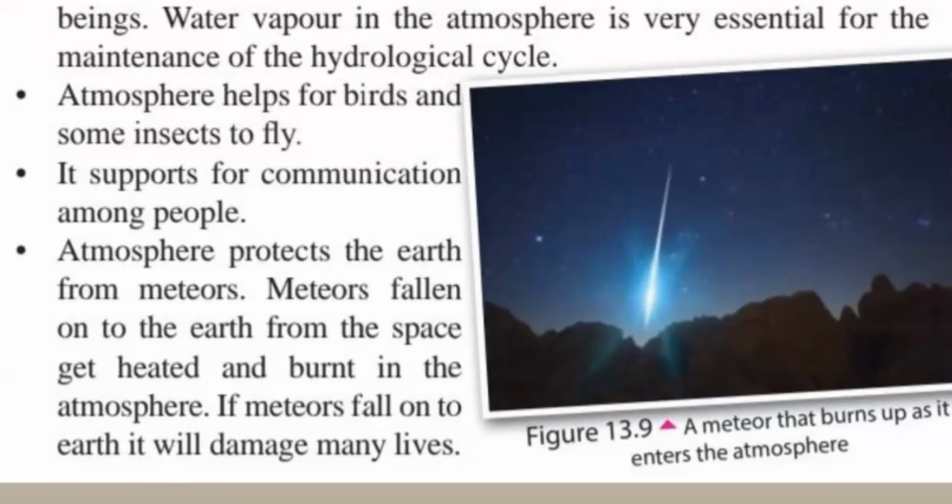If the meteors fell onto the Earth, they would damage many lives. So the atmosphere is protecting the Earth even from meteors. Very rarely do meteorites fall to the Earth's surface. When those meteors fall onto the Earth, very huge damage can occur.